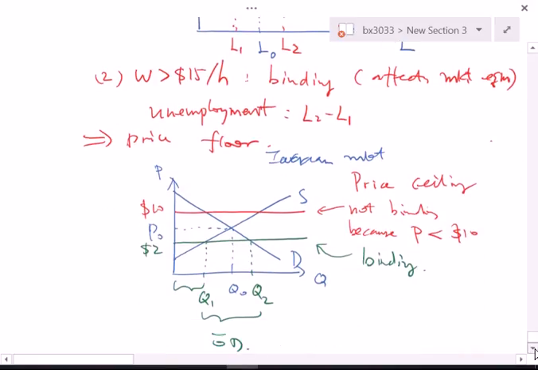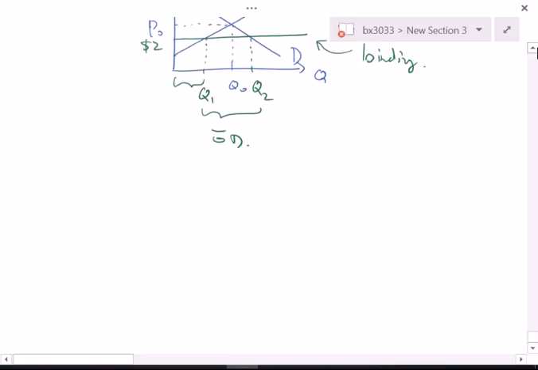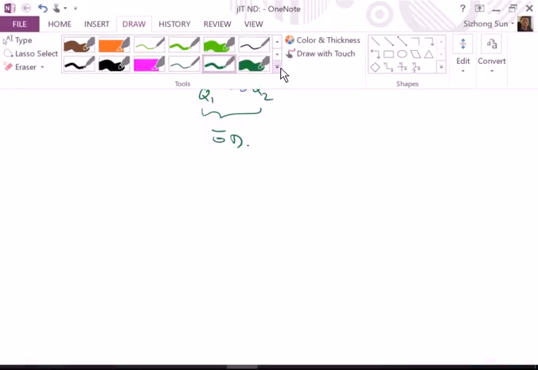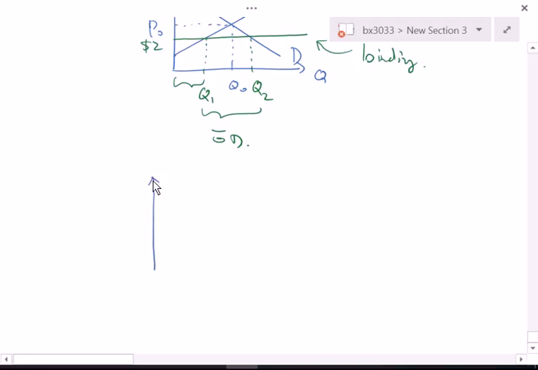The more frequent way that government regulates the market is not through price floor or price setting. In contrast, it's through tax. For example, let's say this is a market for, again, ice cream.